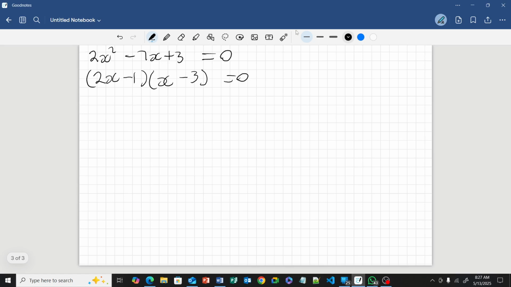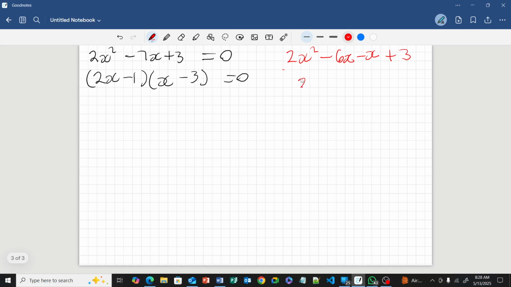Okay? So now, after doing that, I am verifying. So I will multiply them back. 2x times x will be 2x squared. 2x times negative 3 is negative 6x. Minus 1 times x is minus x. Then minus 1 times minus 3 will be plus 3.